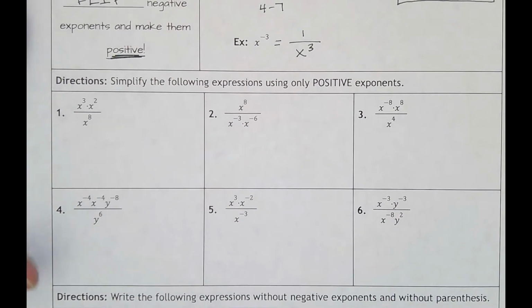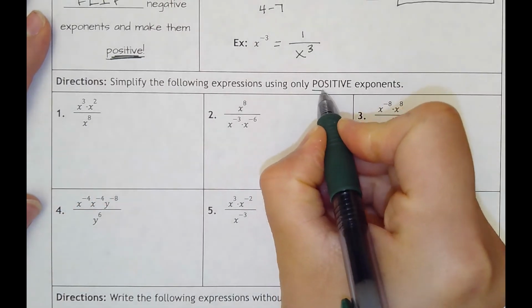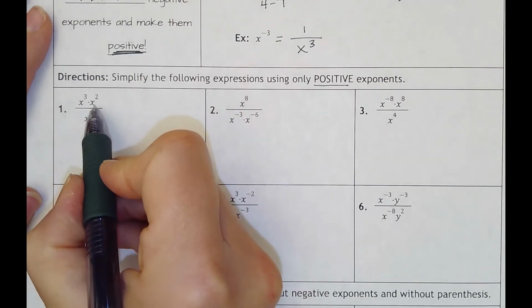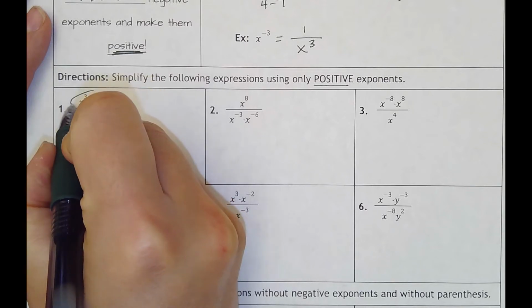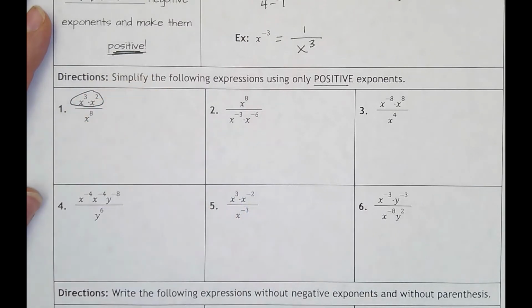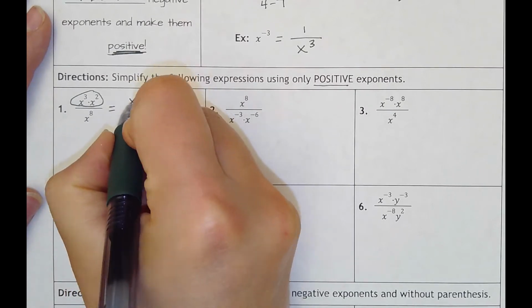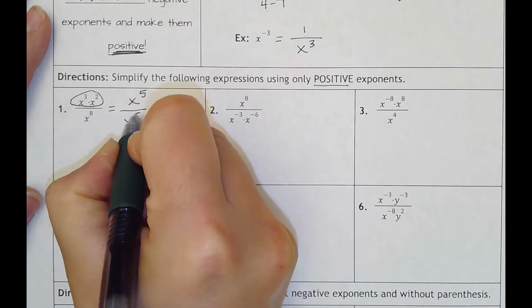Okay, so the next section says to simplify the following expressions using only positive exponents. So we've got some rules in here. What you're wanting to do is to simplify your top and your bottom, and then we'll do the quotient rule. So on the top, I want to do this part first. X cubed times x squared. Remember, that's our product rule where we add the powers. So that really means x to the 5th, 5 x's getting multiplied together, divided by x to the 8th.